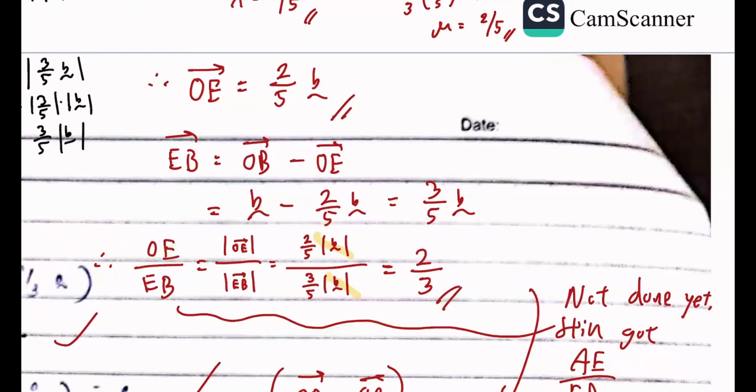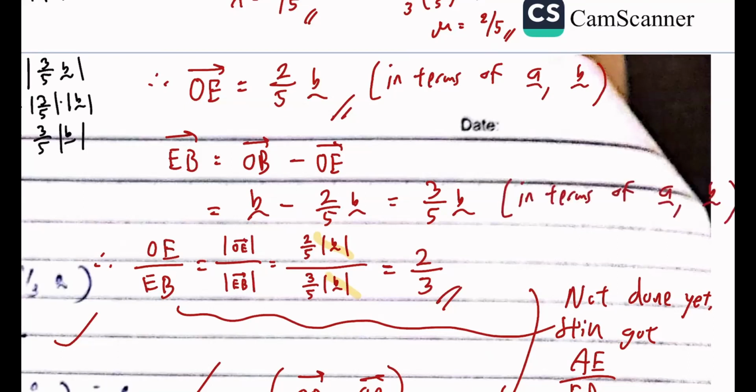Then the strategy here is, even though what we've done is we've rewritten it in terms of vector a and b, of course, in this case, just b. Same thing here. Then here we want to find OE over EB.